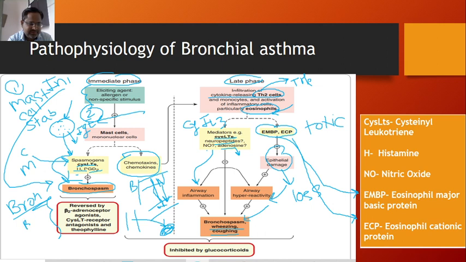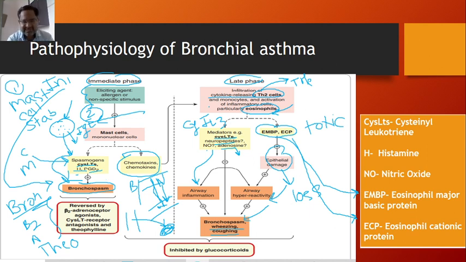There is the beta 2 receptor agonist, which is a sympathomimetic. You can give an anticholinergic drug, or you can give theophylline, which increases the cyclic AMP level. We will see the mechanisms in detail, but you have to remember that these are the bronchodilator types of drugs. Or you can also use cysteinyl leukotriene antagonist drugs.